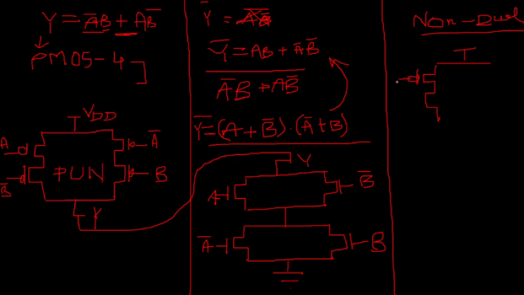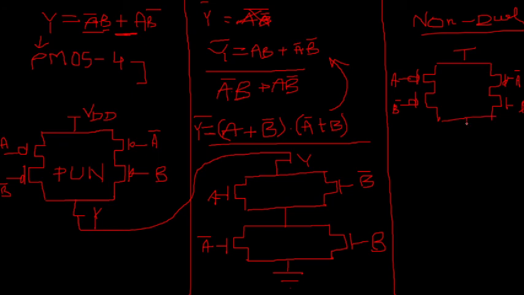It will be A, B bar, it will be A bar and B. So this is your pull-up network.